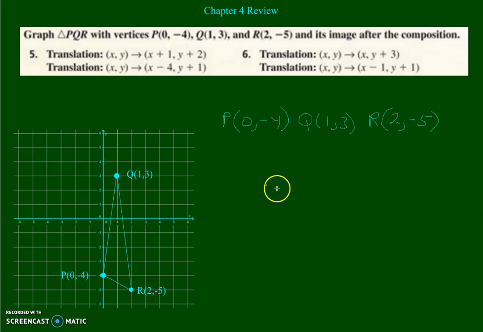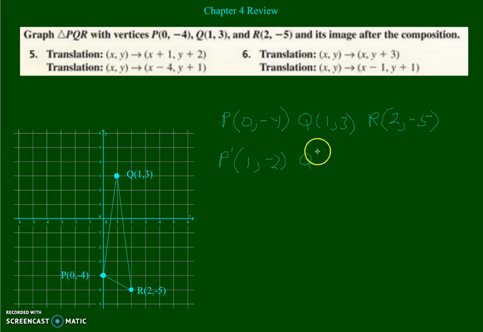Okay. Now, for our first transformation, it's a translation. And the transformation is +1 in the x direction, +2 in the y direction. So our P prime is going to be +1 in the x direction, so that's 1, +2 in the y direction. -4 + 2 is -2.